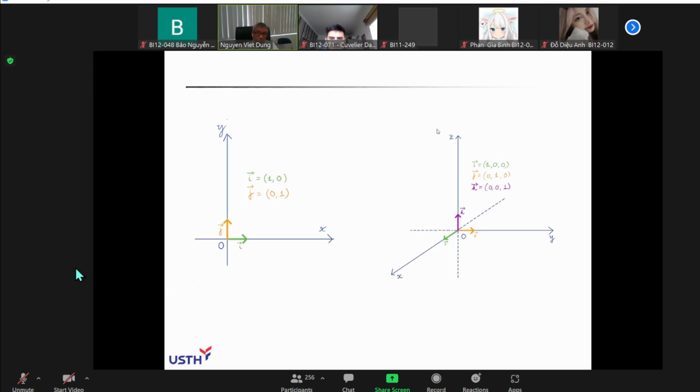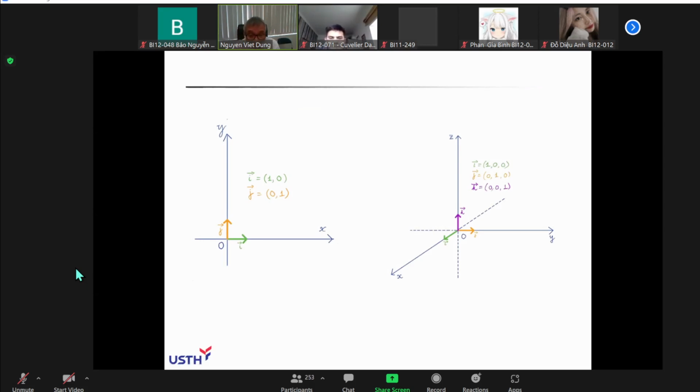Similarly, for the case of space, I mean R3, here we have three vectors that make the standard basis for R3, as I show on the screen. And obviously, it is very easy for you to verify that those vectors are orthogonal to each other, and each of them has norm 1.